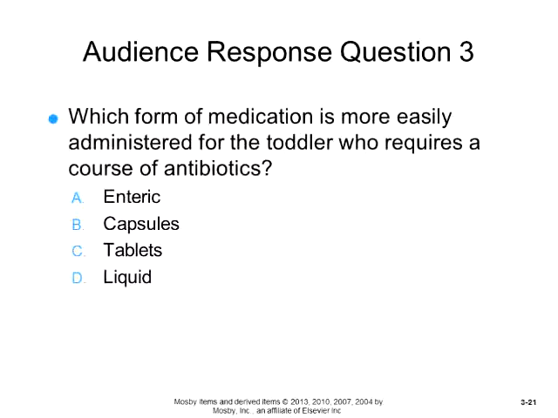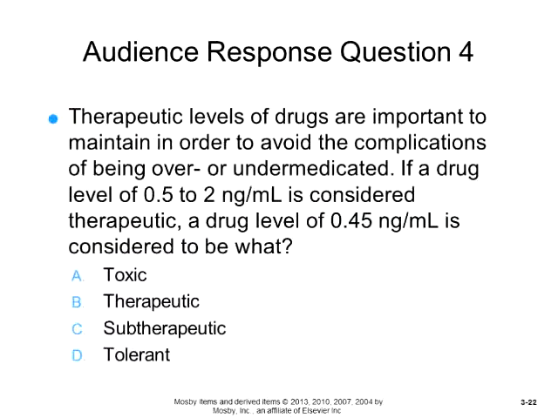And then which form of medication is more easily administered for the toddler who requires a course of antibiotics? Enteric-coated, capsules, tablets, or liquids? Liquids, D. Another question. Therapeutic levels of drugs are important to maintain in order to avoid the complications of being over or under medicated.